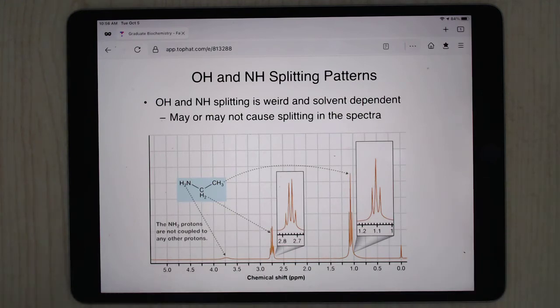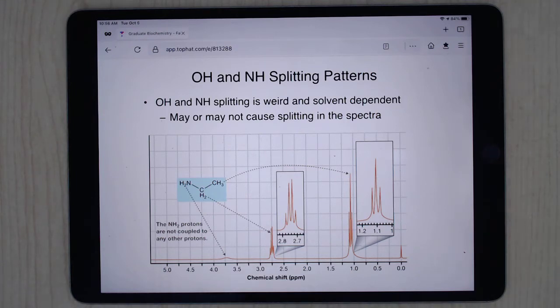Now, one of the things with OHs and NHs, we really haven't talked about this much. Their splitting can get a little weird, and it's really solvent dependent. Because they're acidic, depending on the solvent, they can exchange with the solvent. Usually when you run these, you run them in deuterated solvent, because deuterium is blind under hydrogen NMR, so the hydrogen can exchange off of there, and the exchange is faster than the NMR can read it.